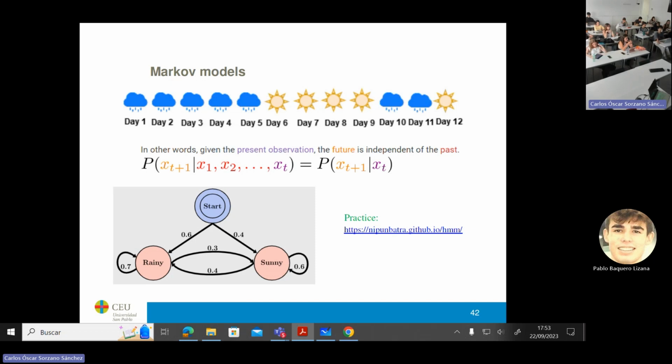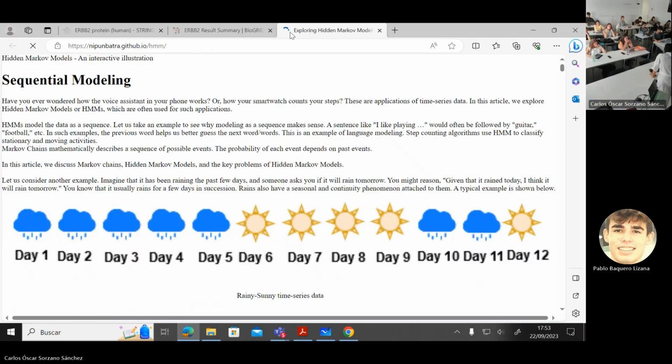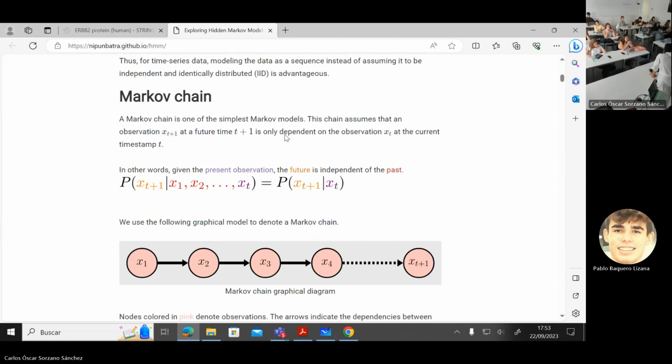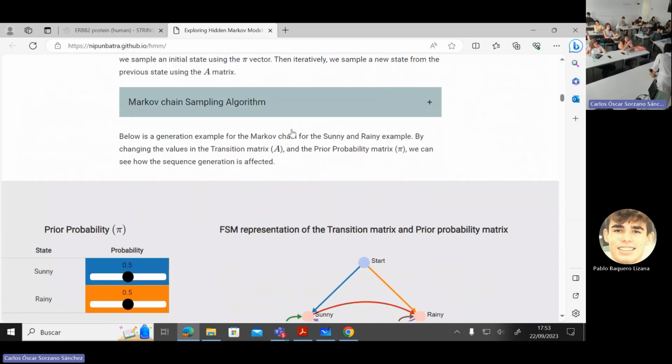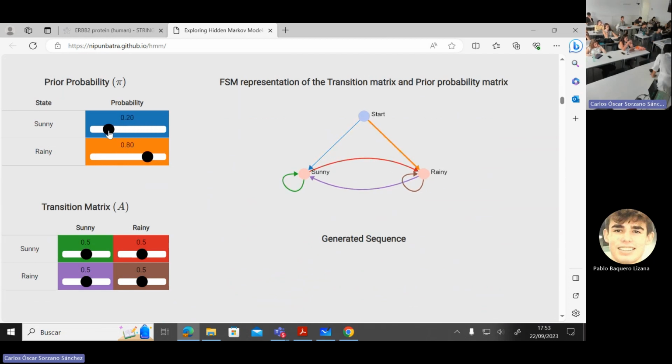Actually, this web page there has a very nice simulator. So click on here. It explains a lot, but then play a bit. This is your model, and these are the prior probabilities. You see that the other one is adapted because the sum of the two probabilities has to be 1. Okay, so let's say we put it like this.